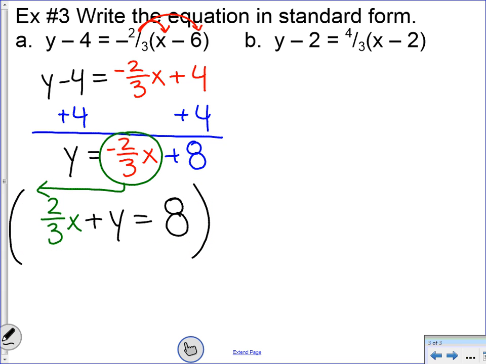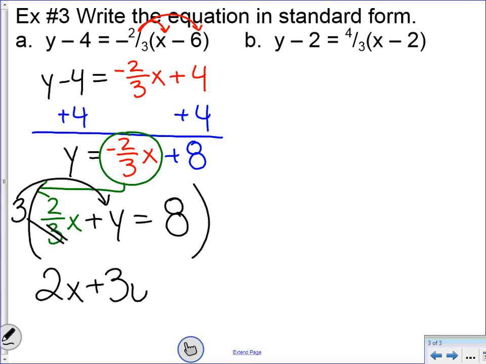I multiply by 3, cancels out that 3, and I then get 2x, distribute the 3, 3y, and then 3 times 8, which is 24. Now the equation is in standard form. The x is first, the y is second, no fractions and decimals, and the first number is positive.